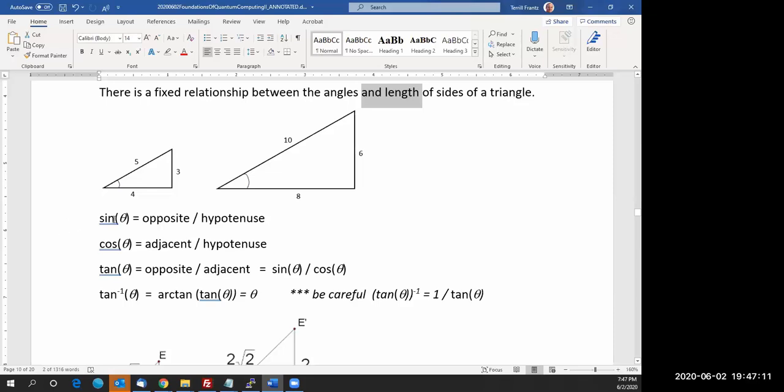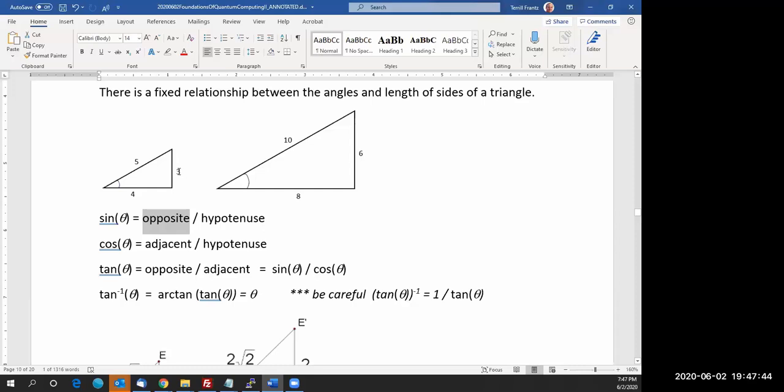But because of this relationship of the sides in triangles and the associated angle, we have some functions. One function is called the sine. The sine of an angle is the length of the opposite side, this one here, divided by the hypotenuse.